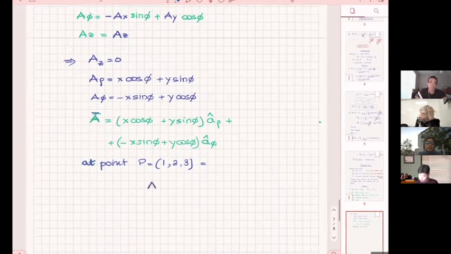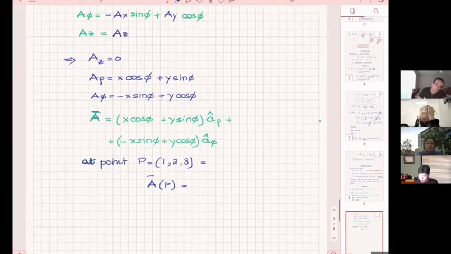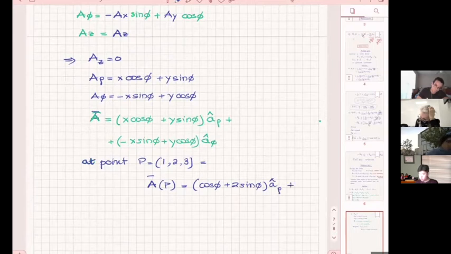So A at point P will be cosine phi plus 2 sine phi, A sub rho, plus minus sine phi plus 2 cosine phi, A sub phi.